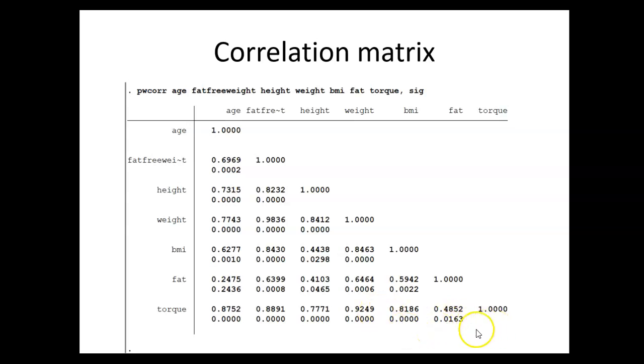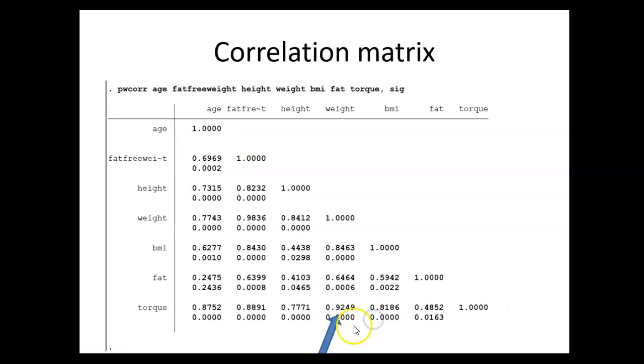This one is also highly significant, but its correlation coefficient is the lowest we have, at 0.48. Everything else is in the high 0.7s and 0.8s, and not even 0.9. So we can see that an individual's weight has the strongest relationship with the amount of force they can produce.